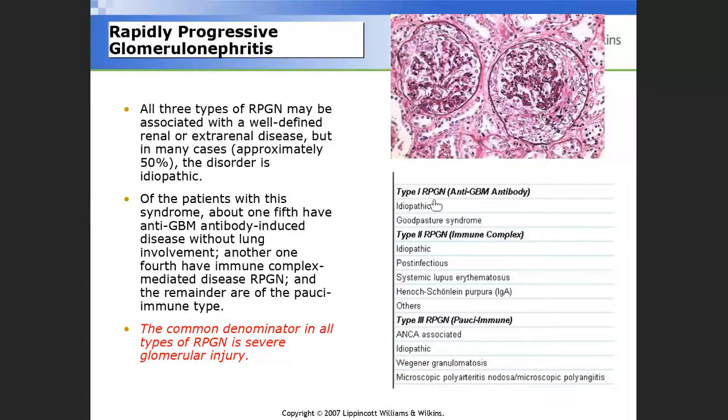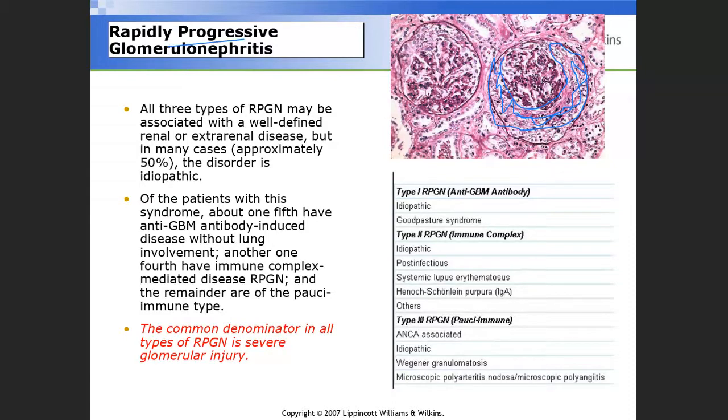And if ANCA is present, it's more Wegener. But in all three cases, what you see is this expansion of the endothelium, and it looks like a crescent shape. That's the rapidly progressive glomerulonephritis.